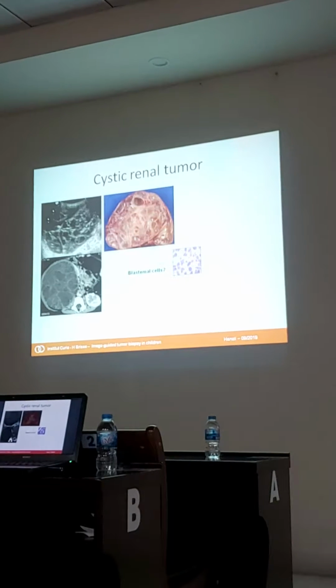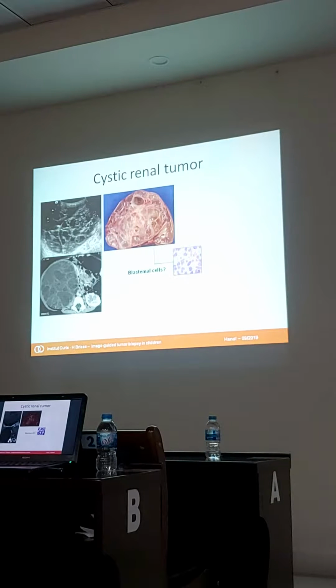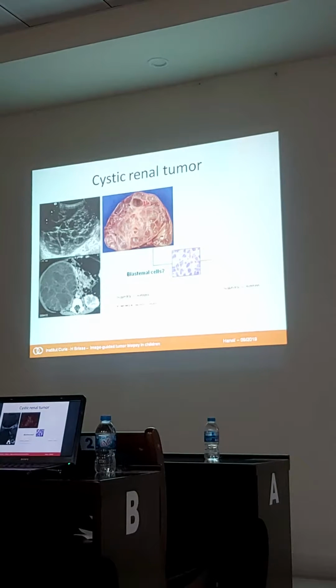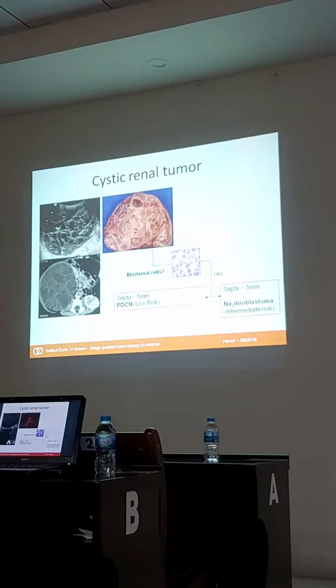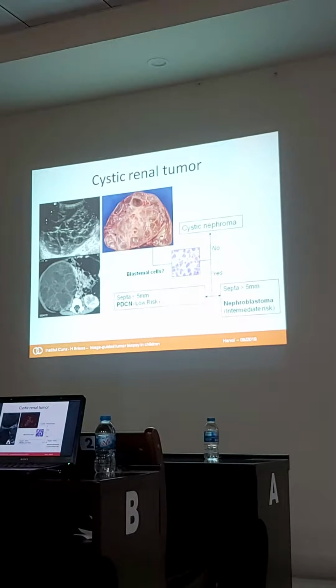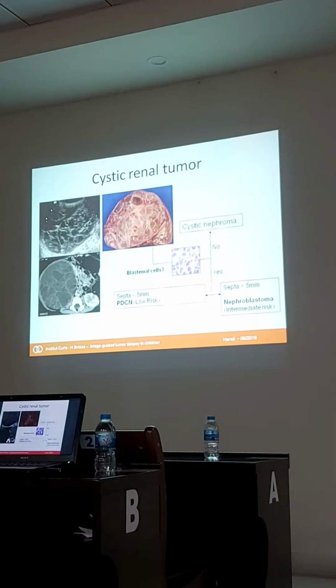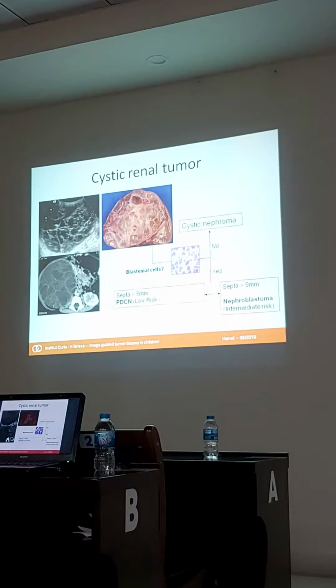So usually we perform primary surgery, and then the pathologist will look in the septa here if there are blastemal cells or not. If there are some blastemal cells, he sees nephroblastoma, and if they are not, it is just a cystic nephroma. So you cannot be sure with only imaging, and you should not biopsy.